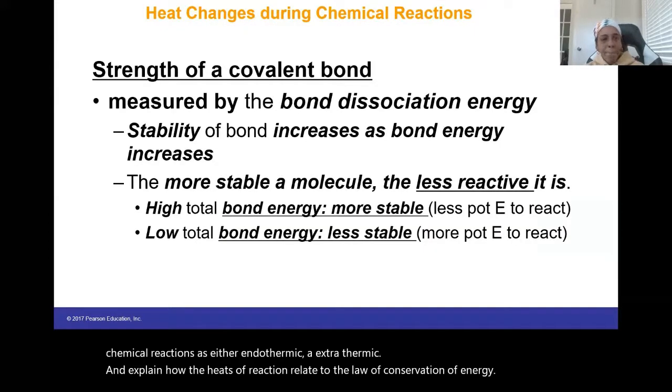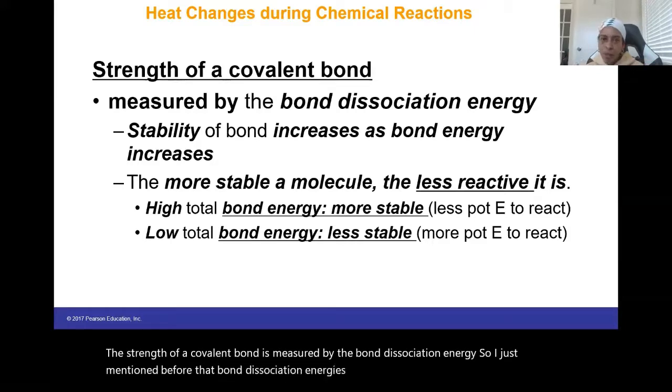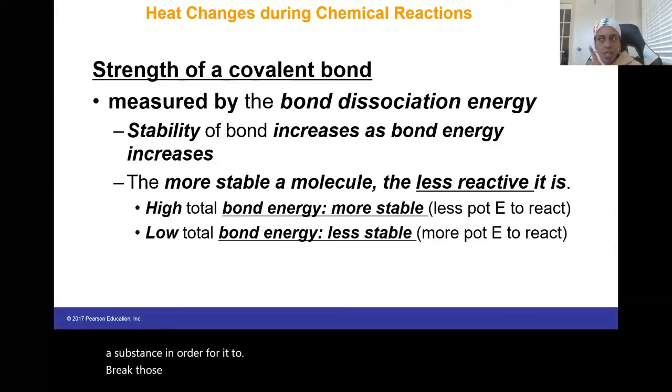So, the strength of a covalent bond is measured by the bond dissociation energy. So I just mentioned before that bond dissociation energy is the amount of energy that you have to put into a substance in order for it to break those bonds. Bond dissociation energy, right? Energy needed to dissociate bonds, okay?